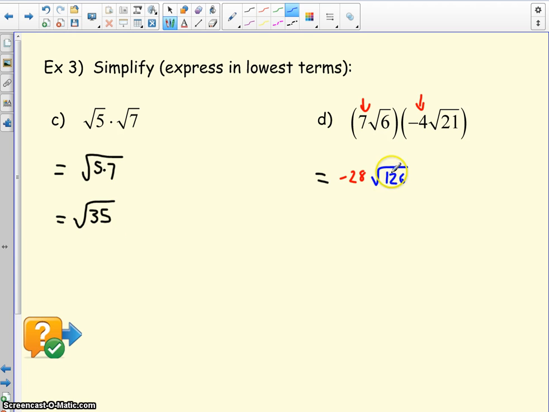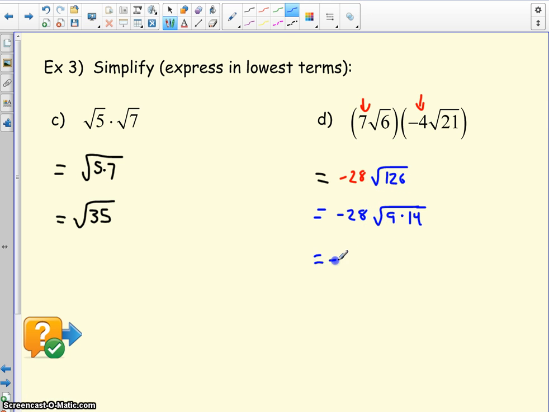However, with 126, if you take a look and go through them, we can actually take 9 out. So when you get negative 28, I can rewrite 126 as 9 times 14. And again, I'm looking for that perfect square that is a factor of 126.